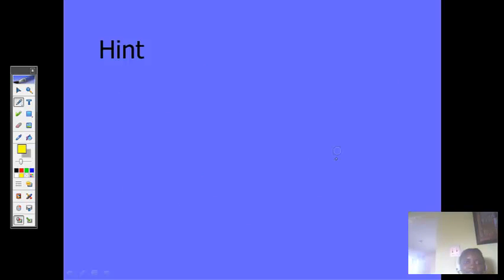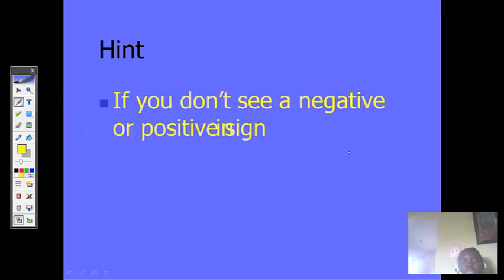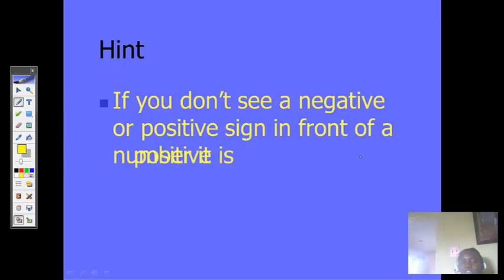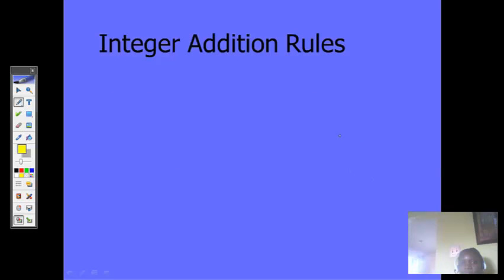Okay, we learned that last class, so let's move on. Please remember that any number that you see with no symbol in front of it is a positive number. Example, we have 9. 9 doesn't have a symbol. It's positive. Okay, moving on.